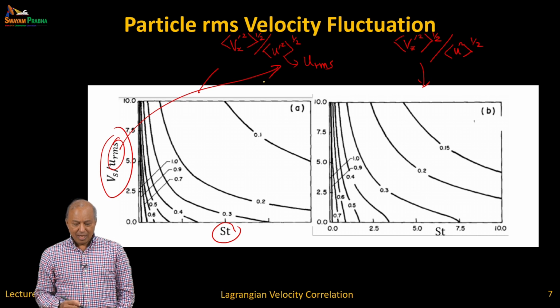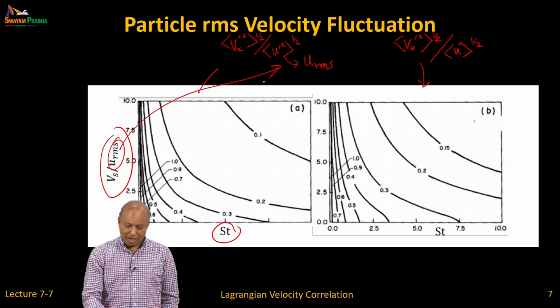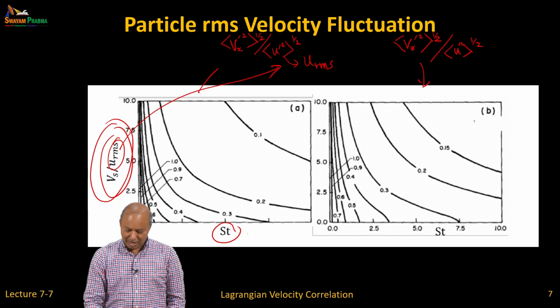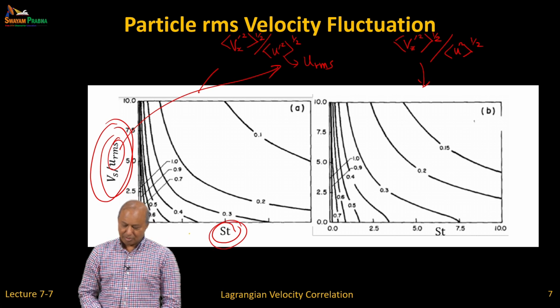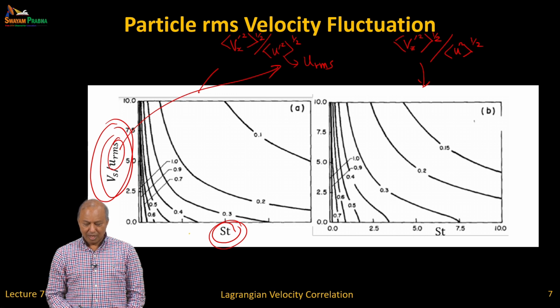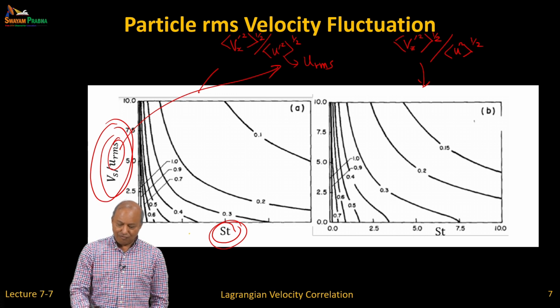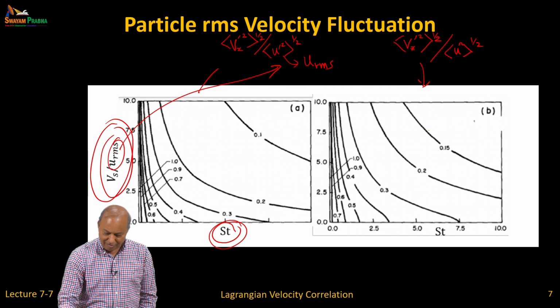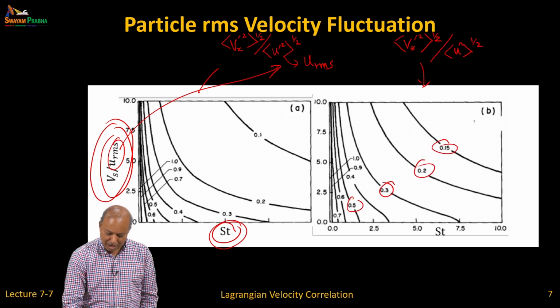So the question is, depending upon how fast the particle is settling down and what its Stokes number is, which depends also on density ratio, you could have fluid velocity, vertical velocity fluctuation and the horizontal velocity fluctuation are typically much smaller.